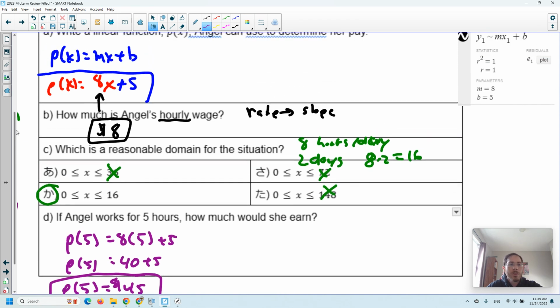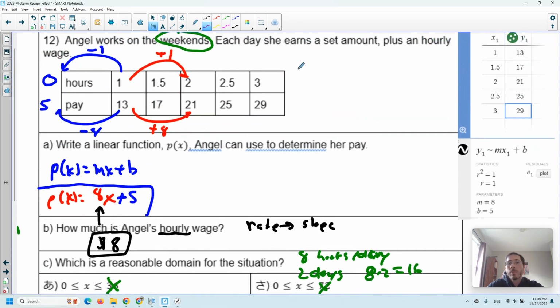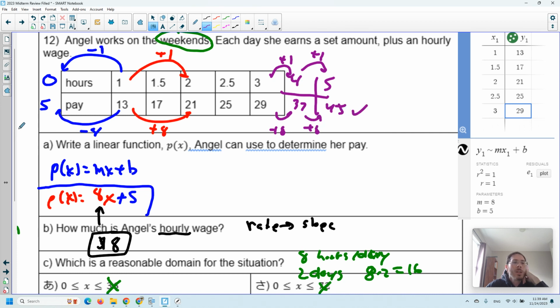Again, if you didn't want to actually do the calculation, you could actually complete the table. You could keep the table going. So you could say for 4, we would add 8. So 29 plus 8 is 37. For 5, we would do plus 1 more, so plus another 8, so that would take us to 45. So we can double check it.